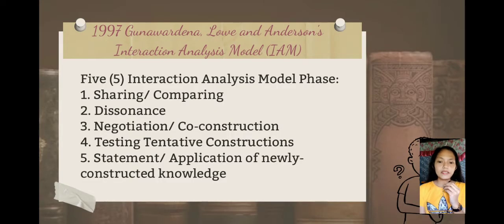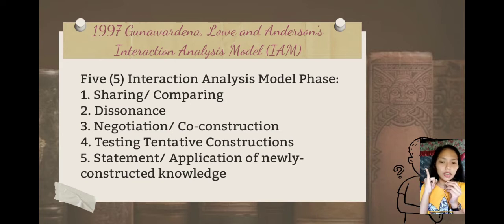Moving on to the second definition of interaction analysis, the 1997 Gunawardena, Lowe, and Anderson's interaction analysis model, also known as the IAM, which is composed of 5 phases.